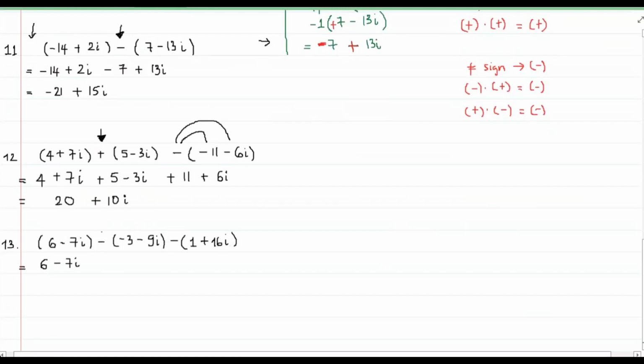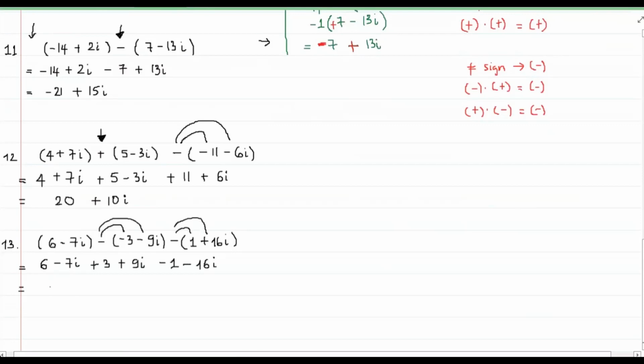Now the next one, they have the negative, so make sure to distribute it, change the sign inside, right? So plus 3 plus 9i. The same here, that negative 1, that negative 16i.